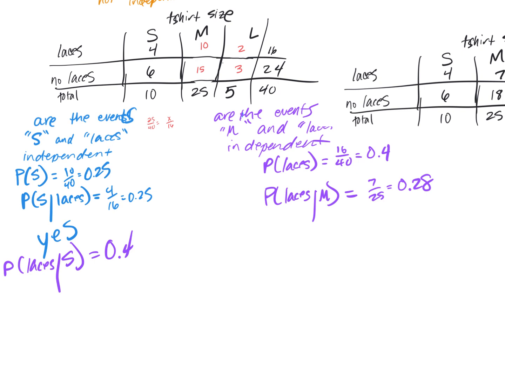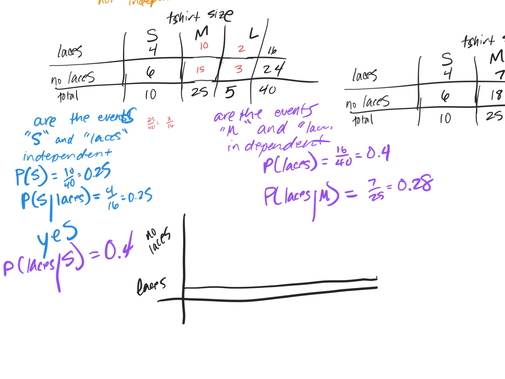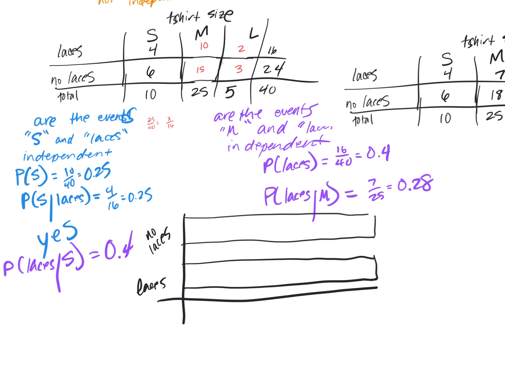So I'm going to sketch it real quick. We have laces, no laces. I could sketch this the other way, I'm just choosing not to, because it's a subtle but important distinction.